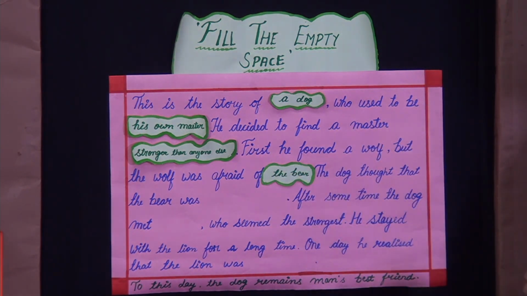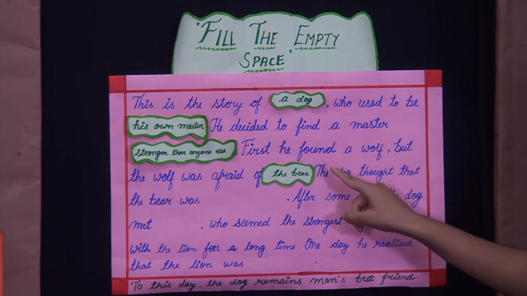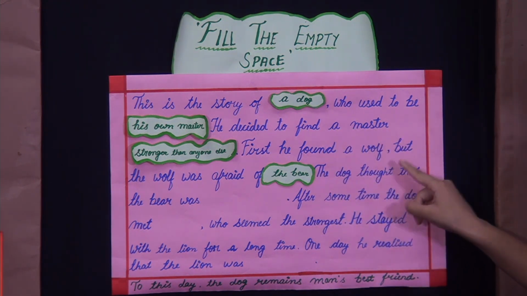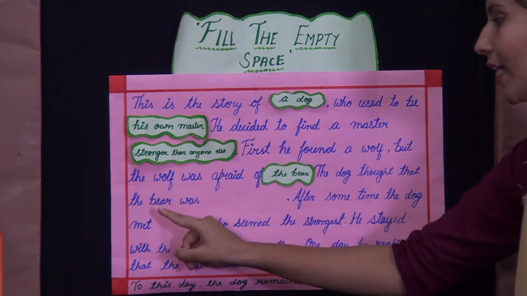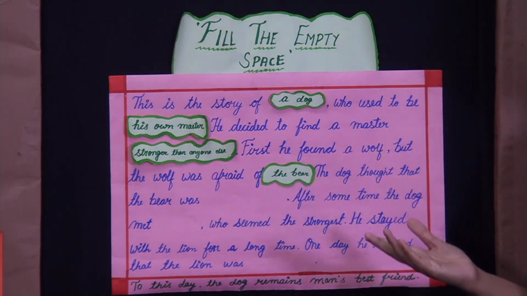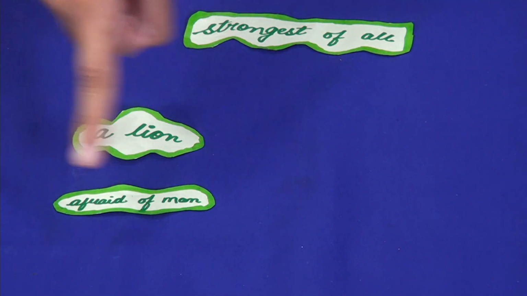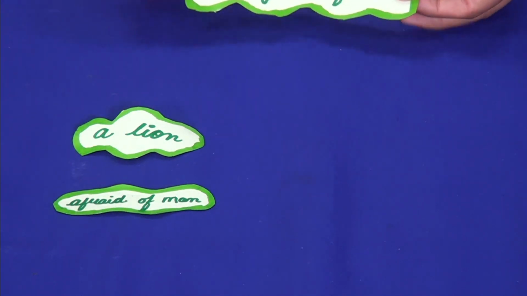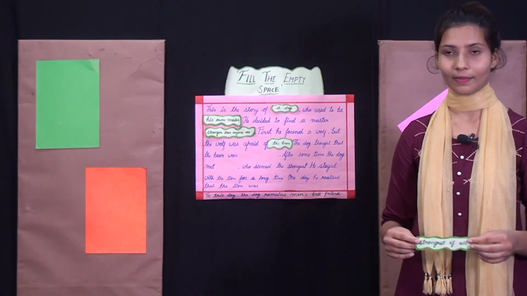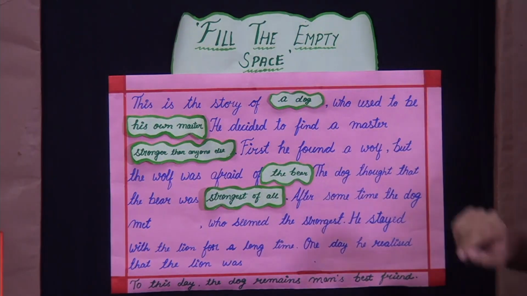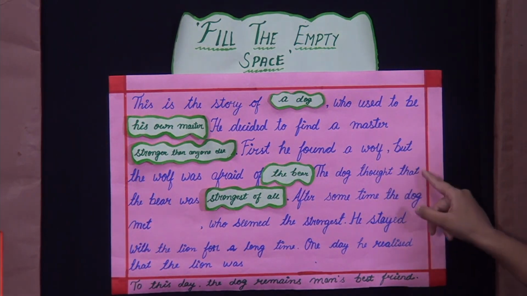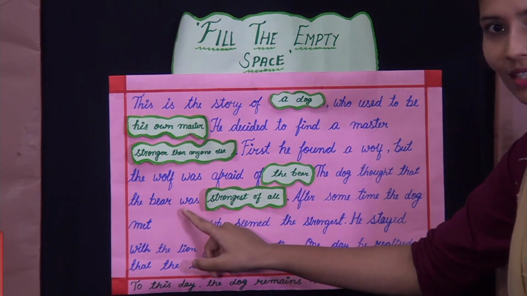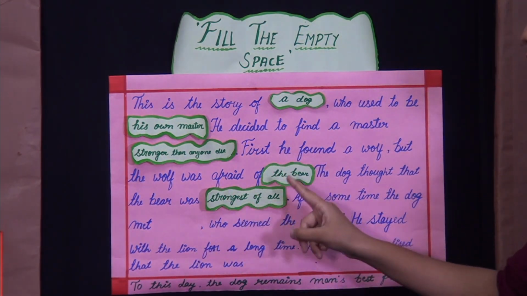Let's move to the next line. The dog thought that the bear was space. Now, what will come? Yes, strongest of all. So, the dog thought that the bear was strongest of all.